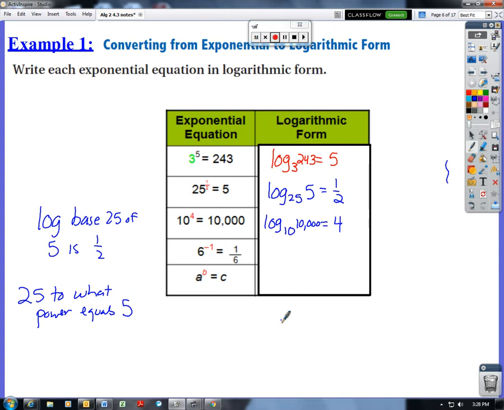So if I wanted to describe log base 10 of 10,000, the way I would think about it is, log base 10 of 10,000 means 10 to what power equals 10,000.